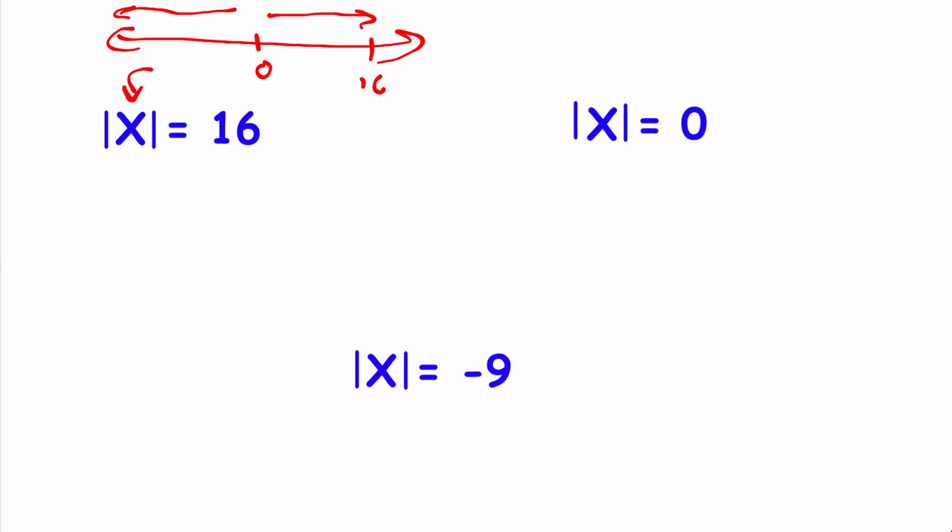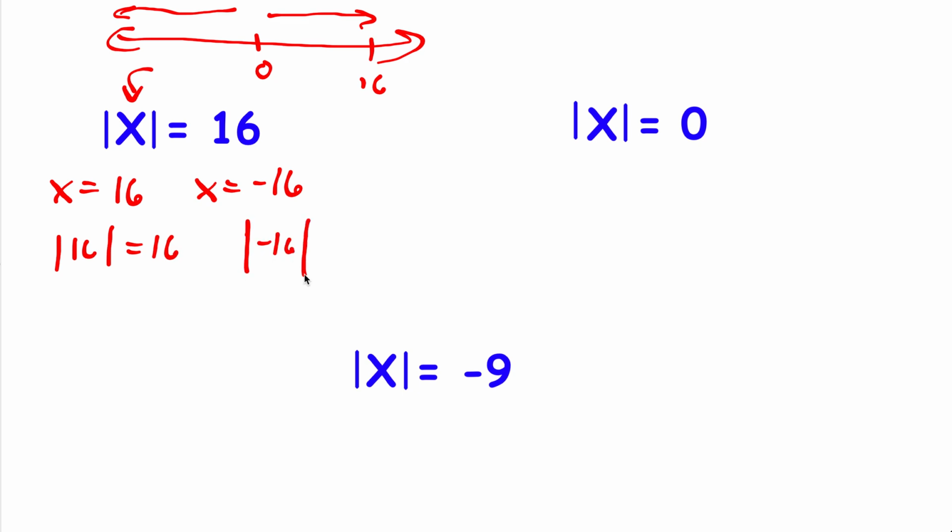That's negative 16. So x, in this case, could be 16, because if I go 16 units to the right, that's 16, or it could be negative 16. And if you remember, the absolute value of 16 was 16. We've done this before. The absolute value of negative 16 is also 16.